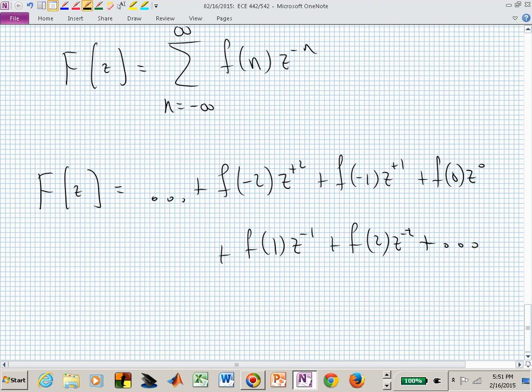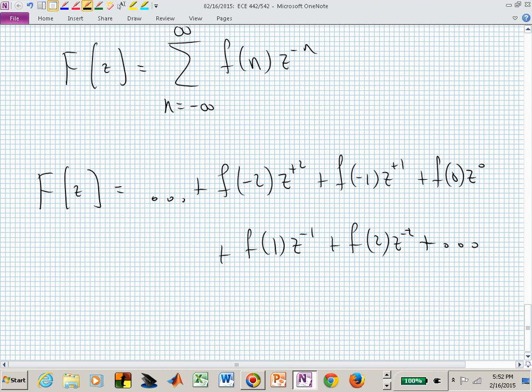Do you see what I'm trying to get you to see? If I plugged in a z going to infinity with this f of minus 2 z squared, as z is going off to infinity, what's that telling you about f of minus 2? You want this sum to be bounded, and if f of minus 2 is non-zero, you've got problems, don't you?